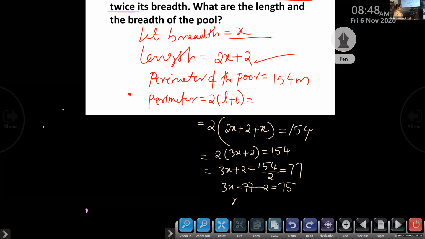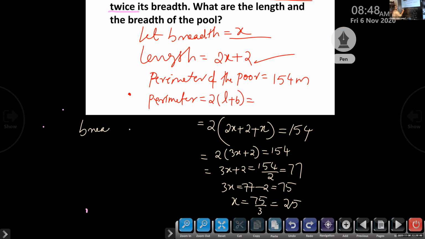X equal to 75 by 3 equal to 25. So breadth equal to 25.